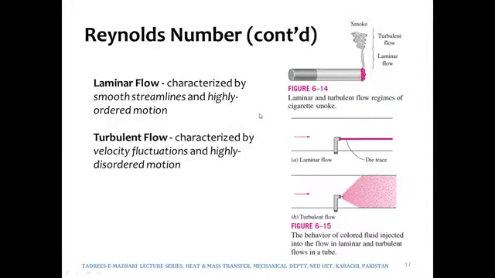That has already been covered, that lower values of Reynolds number usually correspond to laminar flow, and we have discussed laminar flow in detail in the previous slides, whereas the higher values of Reynolds number usually correspond to turbulent flow, which are characterized by highly disordered motion.